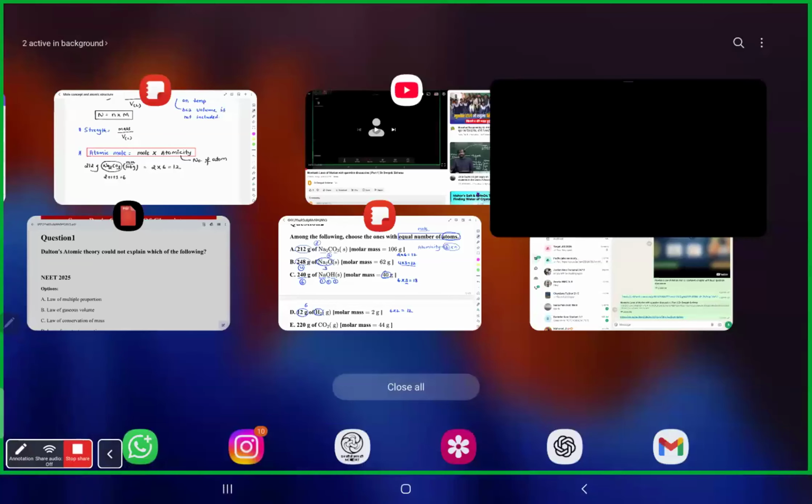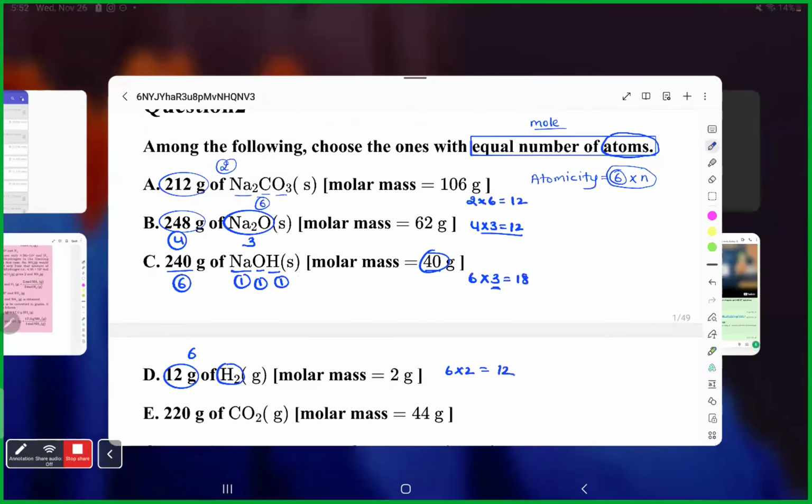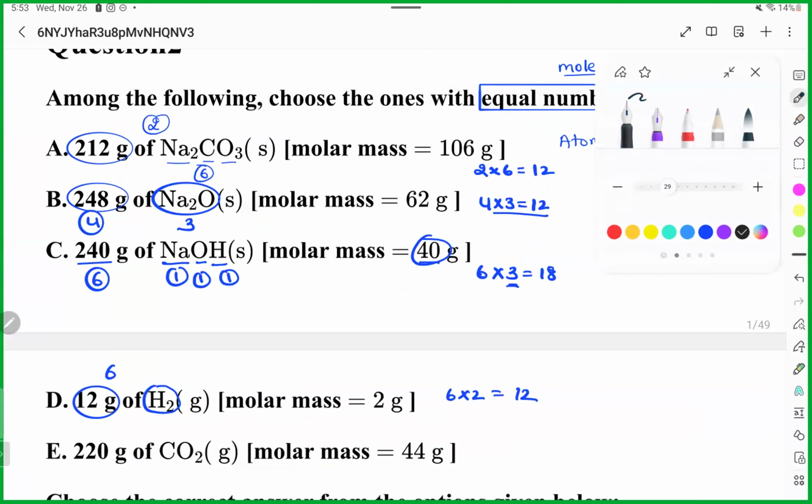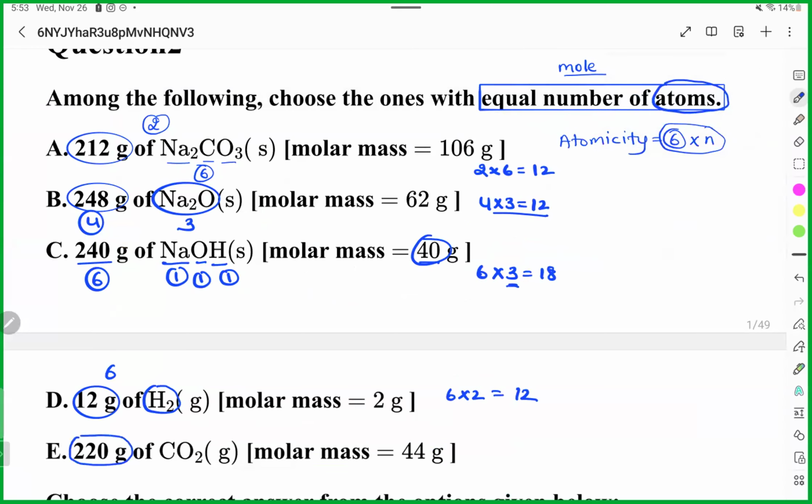I will do some. See, Marinder, what is the number of moles in E option? 5. This is 5. What is the atomic mole in this? 15, because there are 3 atoms.